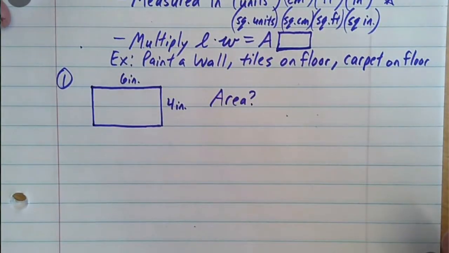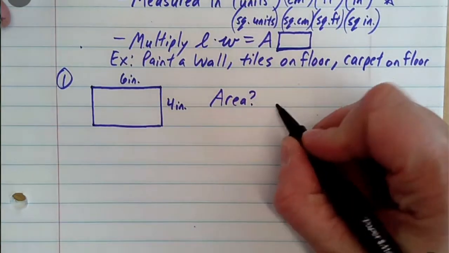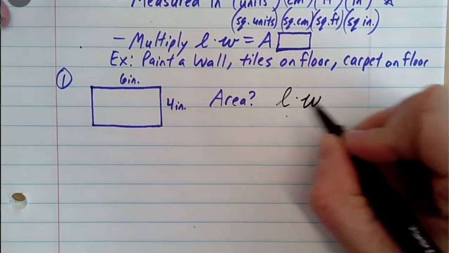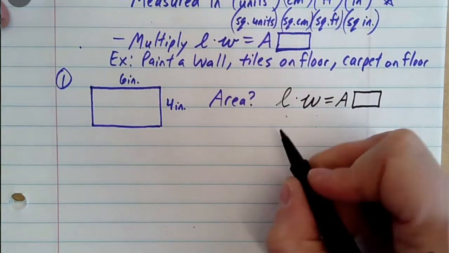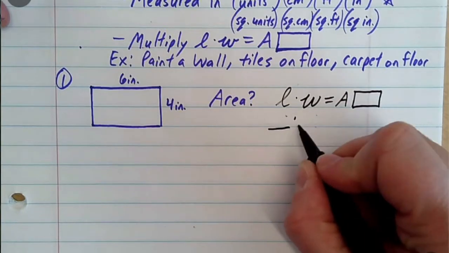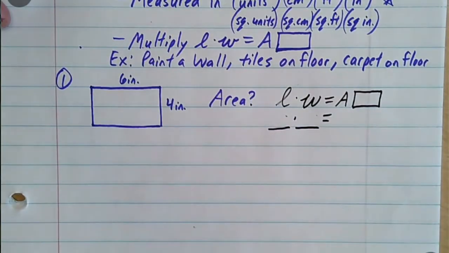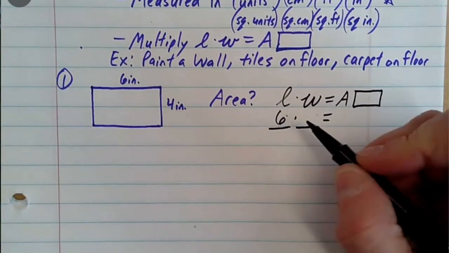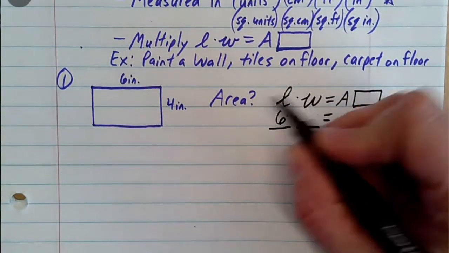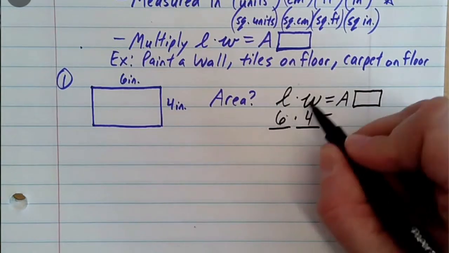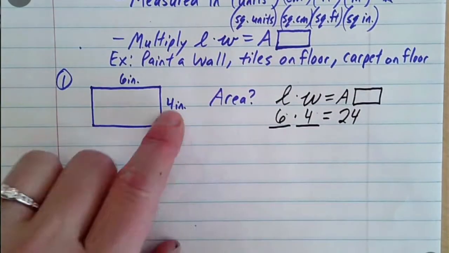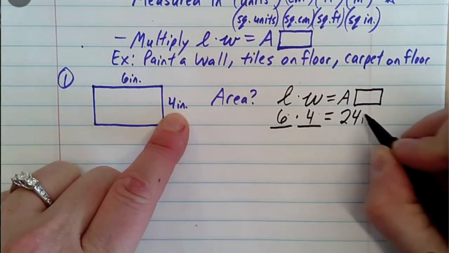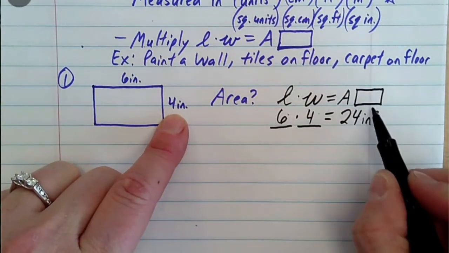You think about length times width is going to equal area of a rectangle. So now you just plug in what you know. Our length normally is your longer side, so 6, and then the width is your shorter side, 4. So I just plug them in, 6 times 4. That would give me the area of the rectangle, which is 24. Now I label these inches, so you need to make sure you label this 24 inches squared.